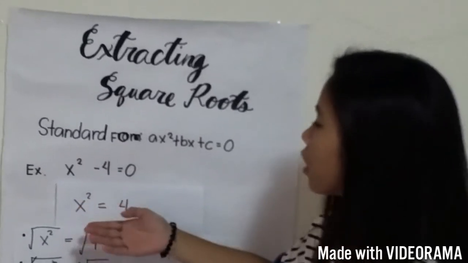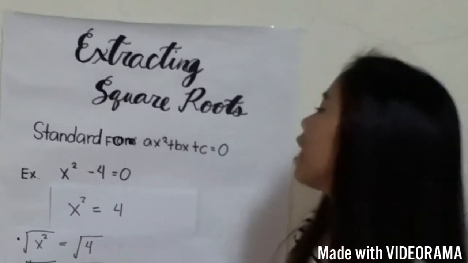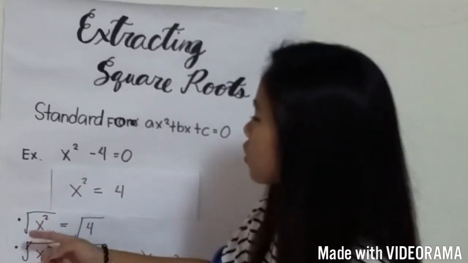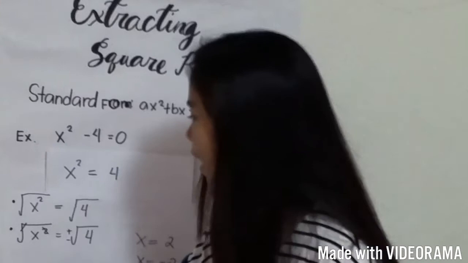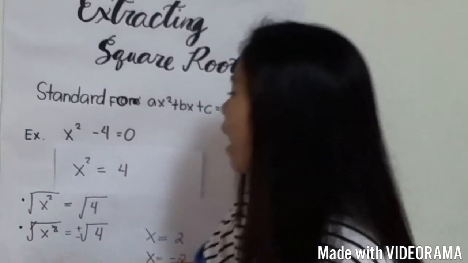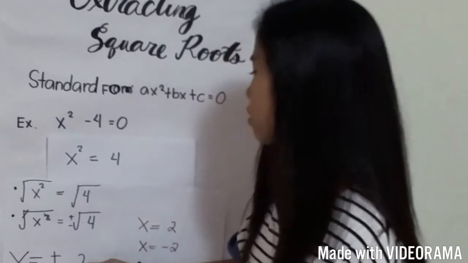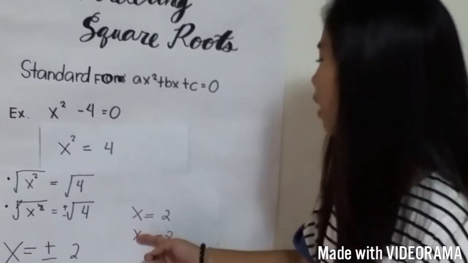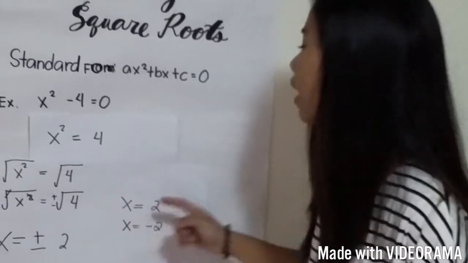It would be x squared equals 4. Now, take the square root of x squared and 4. The square root of x squared is only x, and the square root of 4 is 2. So x equals plus or minus 2. The value of x is 2, and the value of the other x is negative 2.